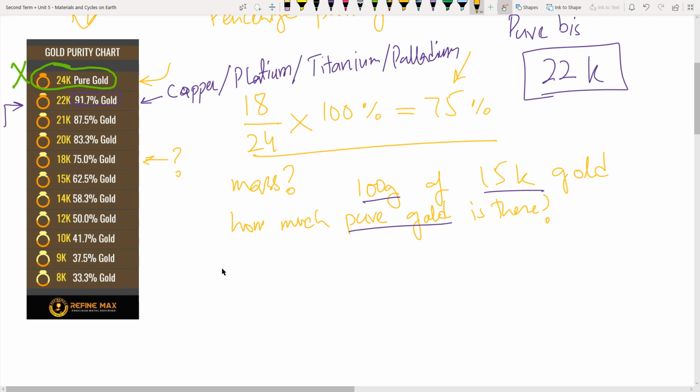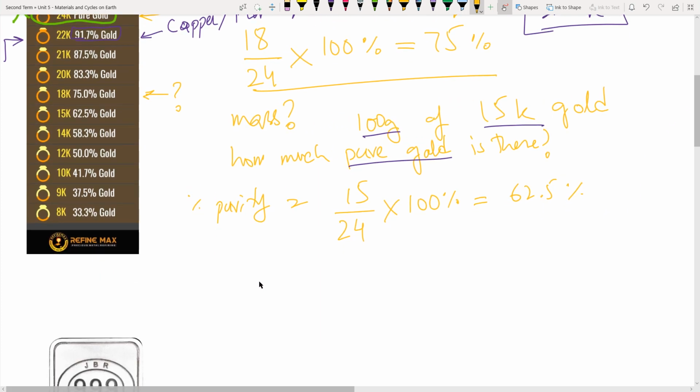First, I need to find the percentage purity. Percentage purity would be the carat that you're buying divided by the maximum possible carat, which is 24 for gold, multiplied by 100%. That would give you 62.5% gold. Now, how to get the grammage? Simply multiply this percentage.